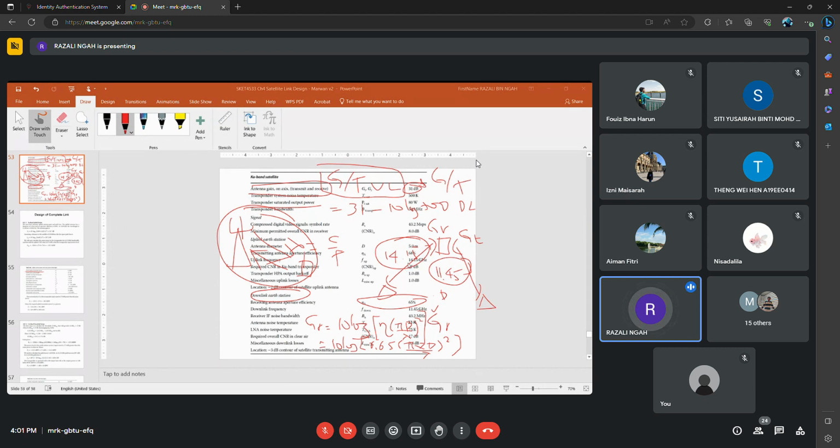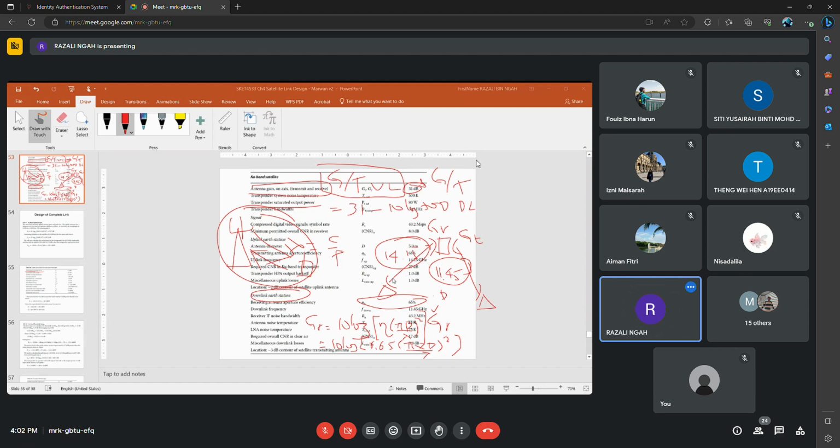And then my second question, why is the uplink frequency always higher than the downlink frequency? Because when we use high frequency, the path loss will be high, right?